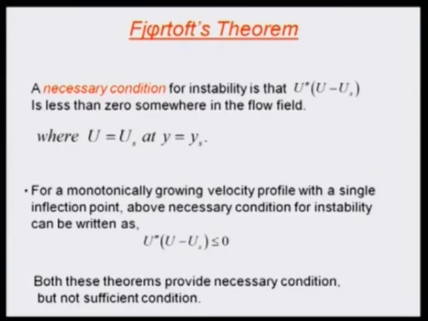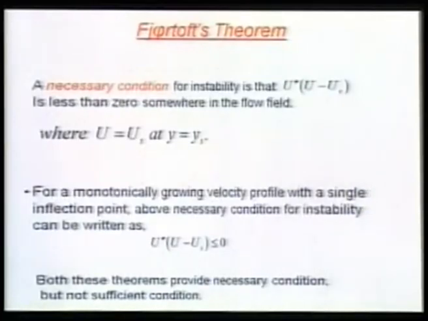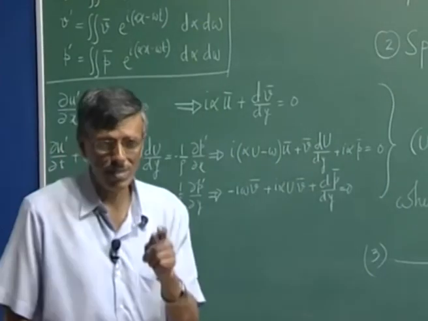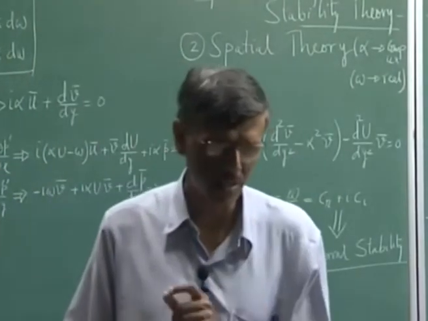a necessary condition for instability is that u double prime times (u minus u s) is less than 0 somewhere in the flow field. What is u s? u s is the velocity value at which the second derivative is 0. So, basically it is the velocity value at the inflection point.